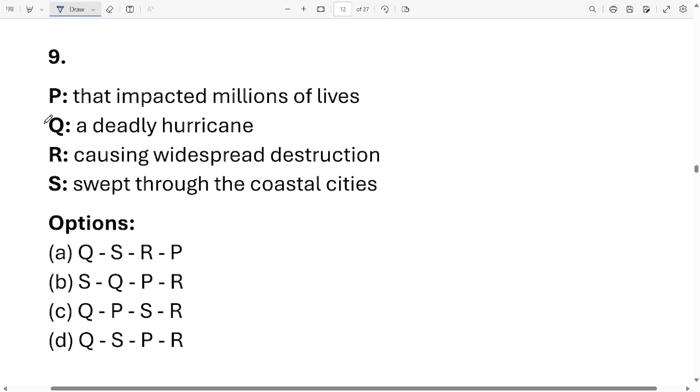It is first a deadly hurricane, Q. This is first, and then it is P, that impacted millions of lives, swept through the coastal cities. And this is causing widespread destruction. Now your combination is Q P S R. Is it option C?